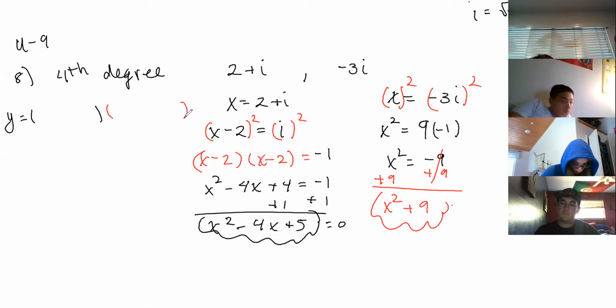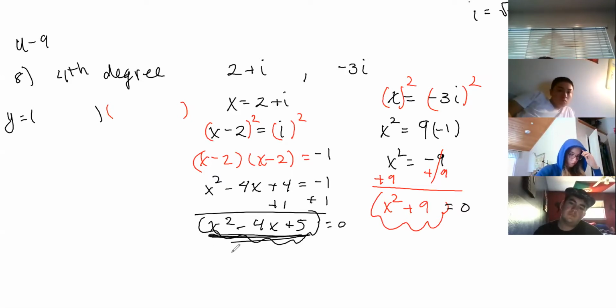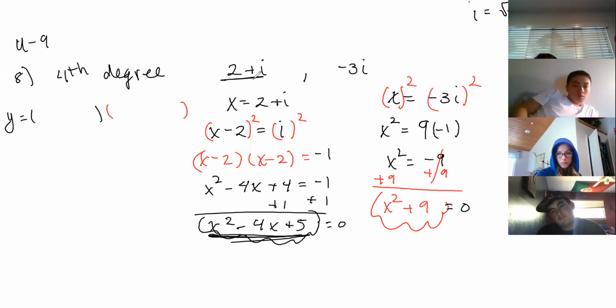If I were to solve x squared plus 9 equals 0 and take the square root, I get plus or minus 3i. So -3i would indeed be one of the solutions. If I solved the first factor by quadratic formula or completing the square, I would end up with 2 plus i as one of the solutions.